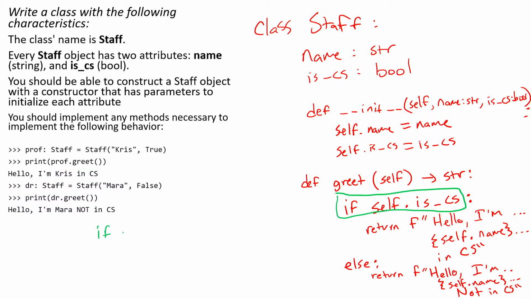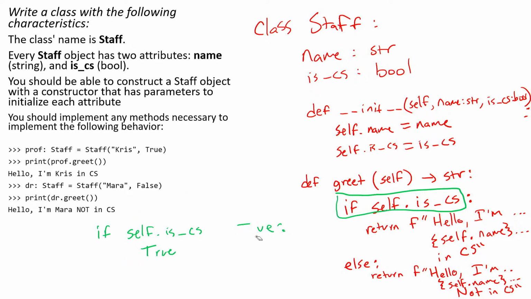Why do we not write this as something like if self.isCS is equal to true? If we go back to the early days of 110, where we're learning about these types of equality expressions, if self.isCS is true, so let's imagine we substitute true here. What does this evaluate to? It evaluates to true.